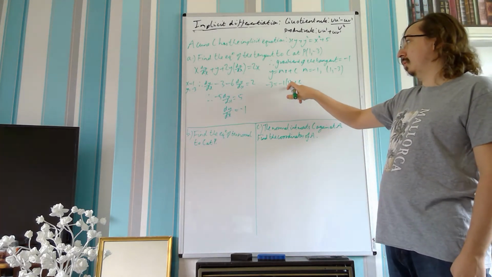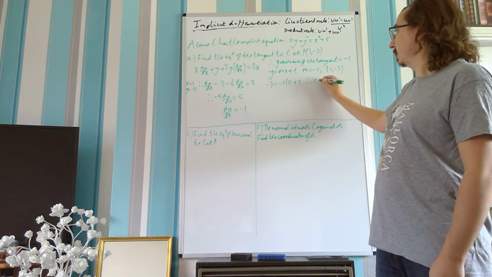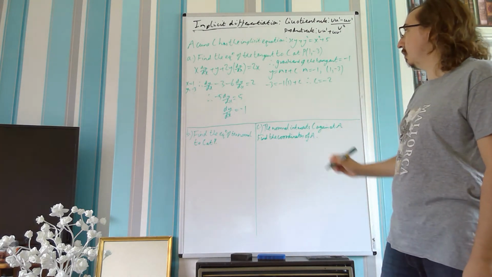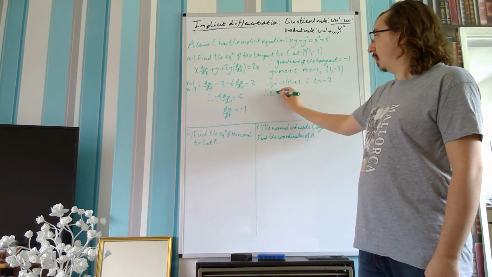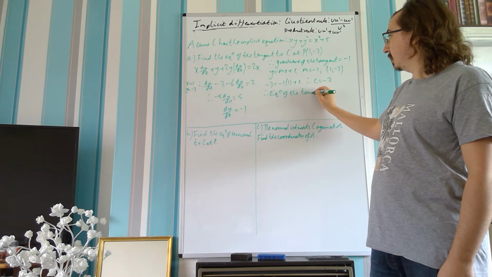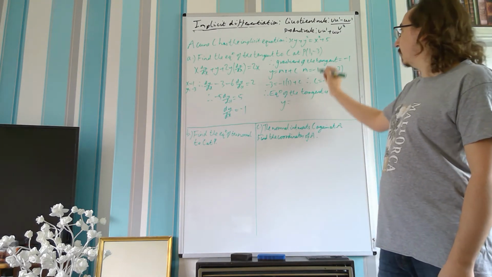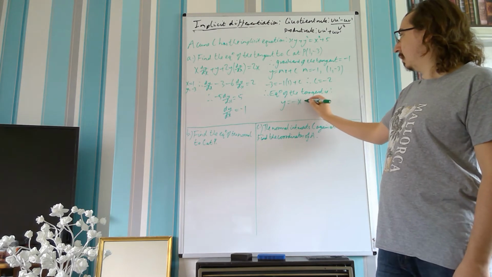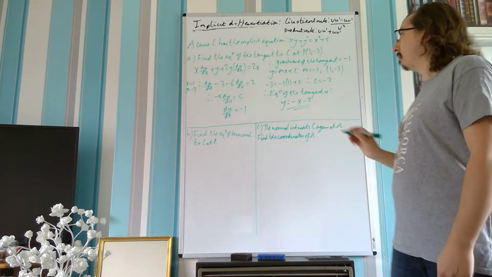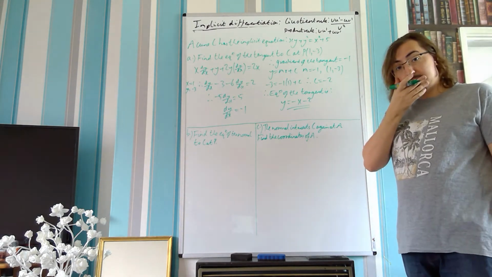Minus 1 times 1 is minus 1, moves over, becomes a plus. So therefore c is equal to minus 2. So our equation of the tangent is y equals minus x minus 2.